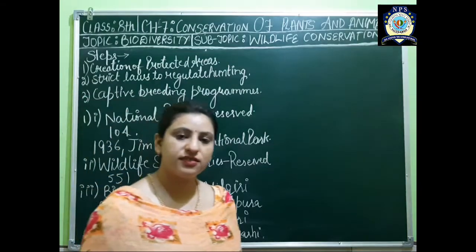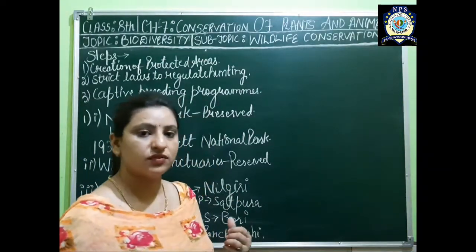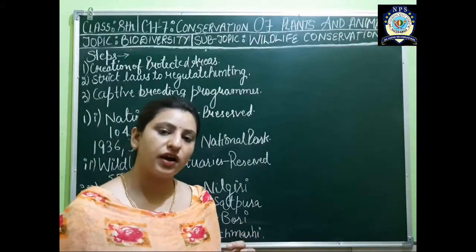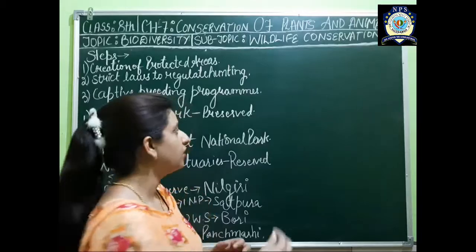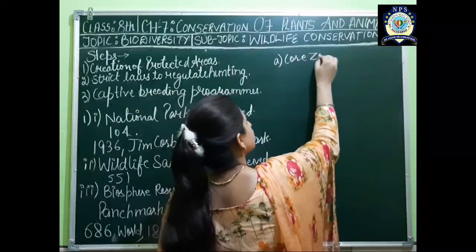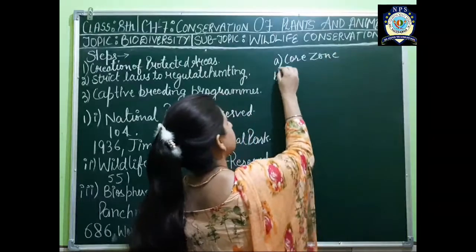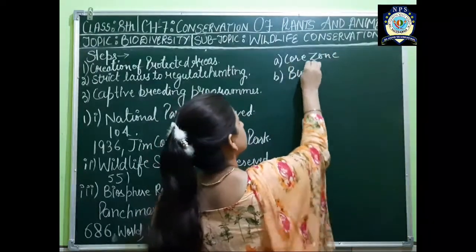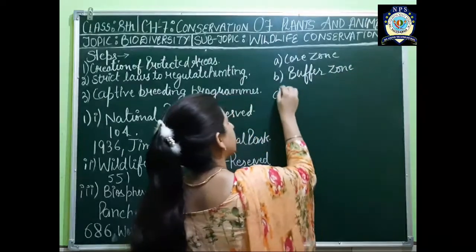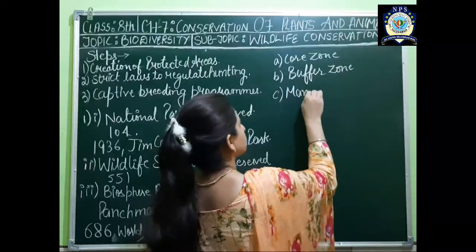Now let's discuss that in this biosphere reserve there are three main zones, because it is a very big area, so it is divided into three subparts. First is the core zone, second is the buffer zone, and the third one is the manipulation zone.